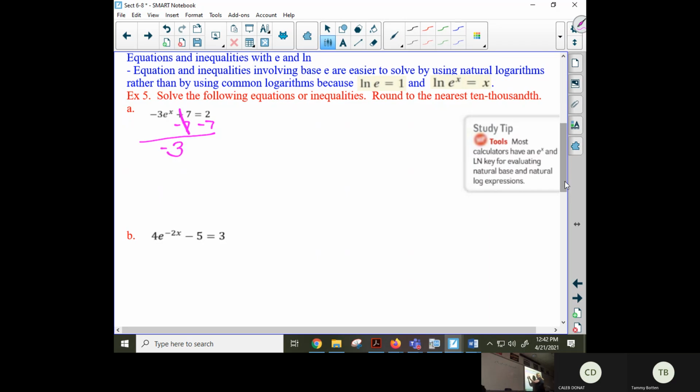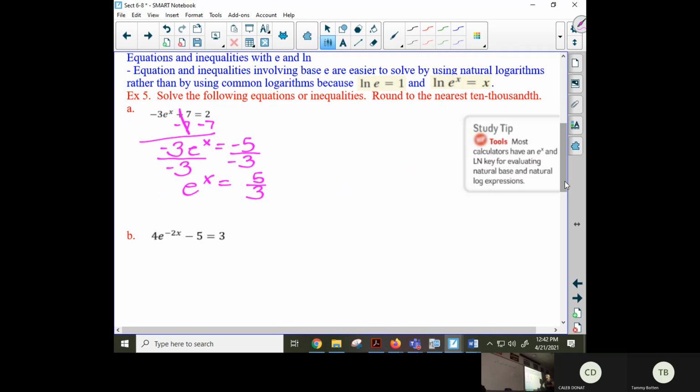And I get negative 3 e to the x equals negative 5. Then I just keep solving for e to the x, so I divide by negative 3. And e to the x equals, if they're both negative, it's just going to give me 5 over 3.